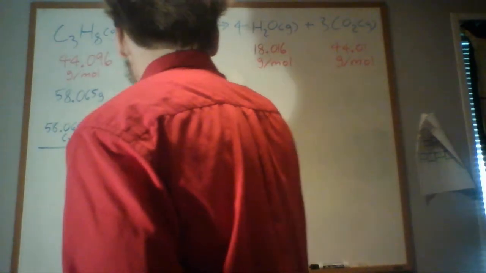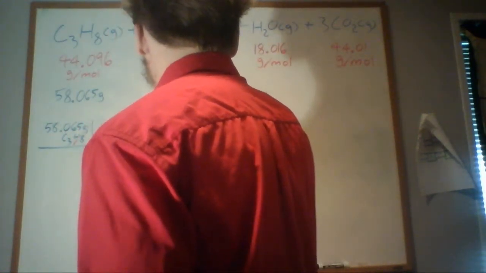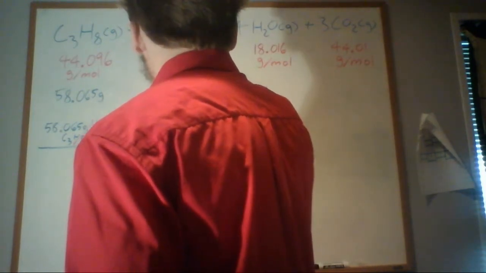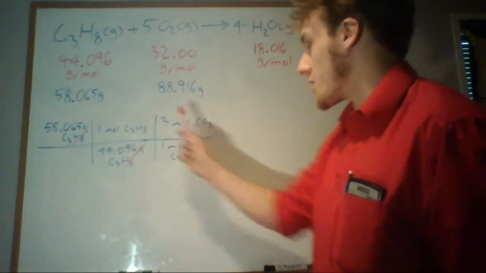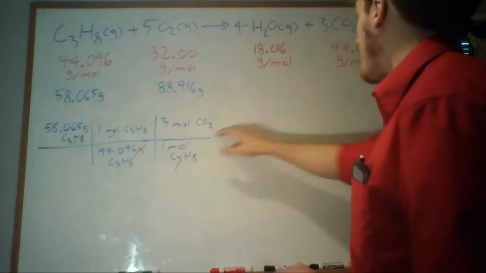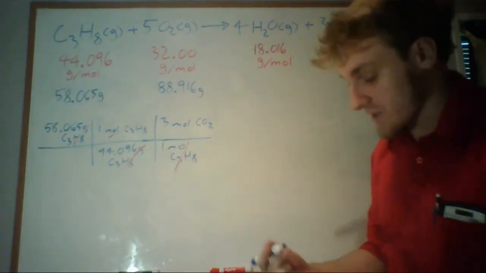So let's write that down in our next conversion step. 1 mole of C3H8 to 3 moles of CO2. And again, we can cancel out our units here. Alright, so now we're going to go from moles of CO2 to grams of CO2, just using the molar mass here as a conversion factor.